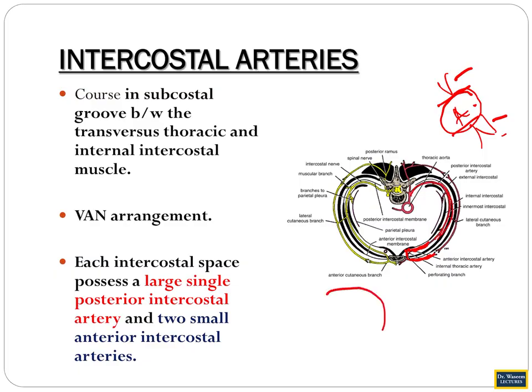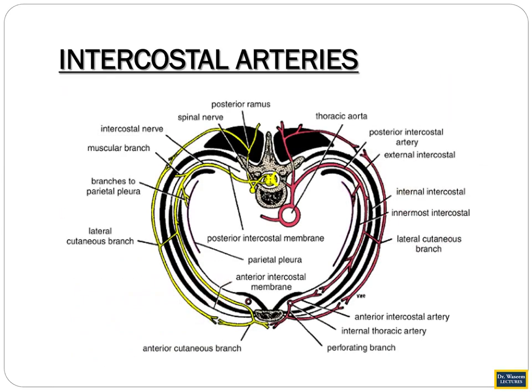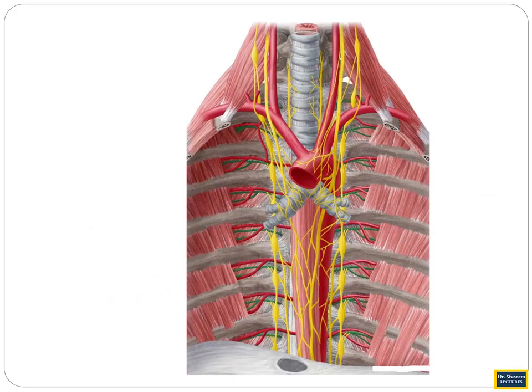So we have posteriorly one artery, and anteriorly we have two arteries. The anterior intercostal arteries, which are smaller, are two in number in each space, and the posterior intercostal arteries are single, and they are larger and longer also. You can see also, the vein should be here, artery has been shown, and nerve is there.